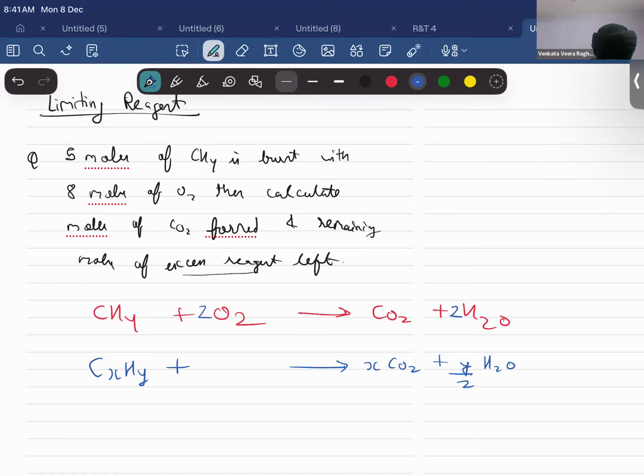And regarding the O2, if I ask how much O2 will be, it will be first of all x plus y by 2 I'm writing. So for O2 it will be y by 4. Okay, so x plus y by 4. Yeah, this is the equation.